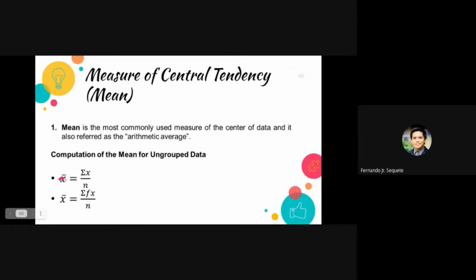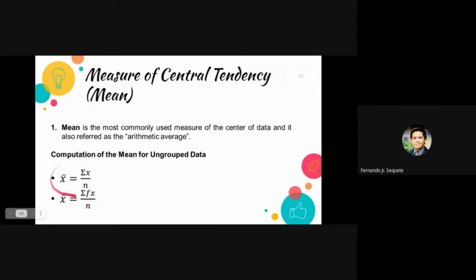So we have x bar, no, is equal to summation of x over n. Or we also have the other one, x bar is equal to summation of frequency times the value, over n, the x here. Okay, so we will be using that formula.